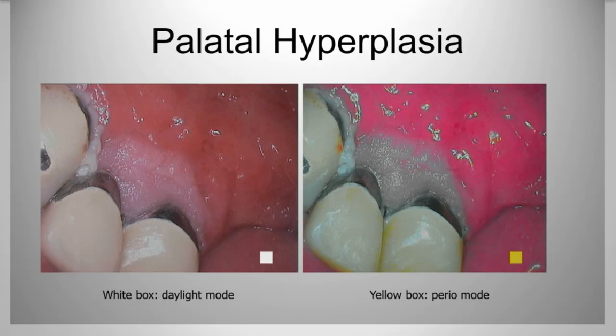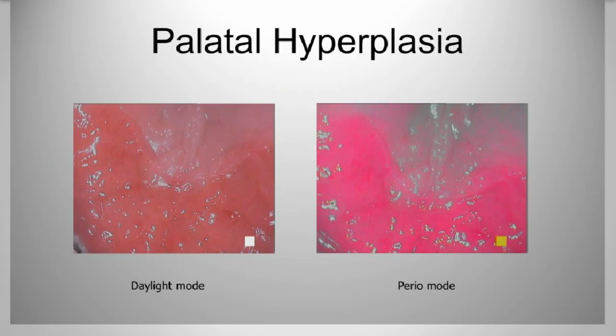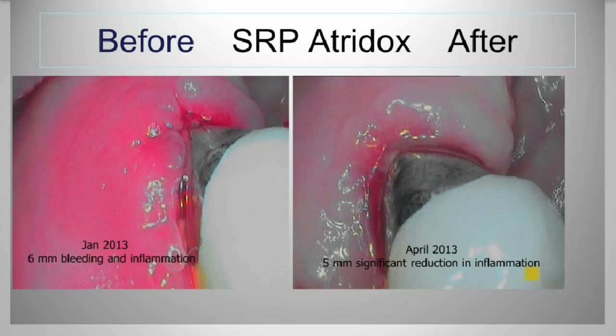Not that it isn't obvious, but sometimes, to tell you the truth, in the course of the day, I'm flicking through and trying to be fast, and I just want to make sure I'm in the right mode, because I may want to talk to the patient about several things and be in 3 different modes on 3 different teeth. So, palatal hyperplasia, and it's the same thing here. Again, you can see how it is red and it goes into the pink, but it's much more obvious when it's that bright magenta color. So again, this is daylight mode and this is perio mode.